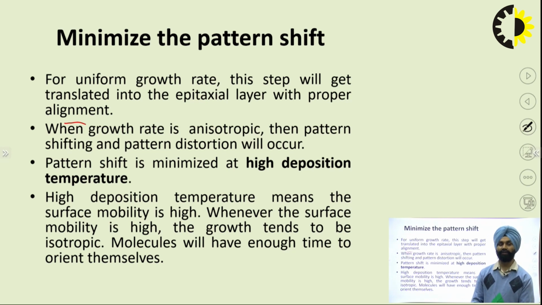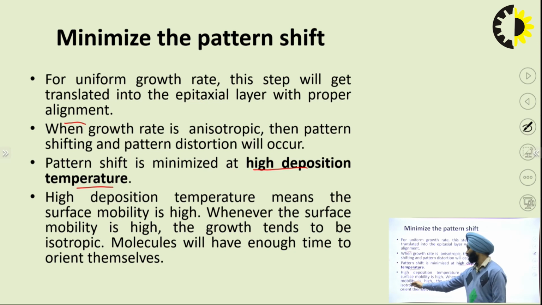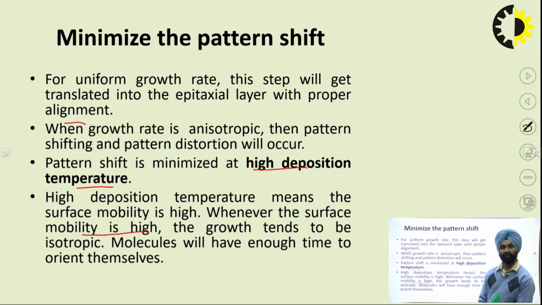So when we are depositing, we should maintain high deposition temperature. With the high deposition temperature, the surface mobility of the ions will be high. So whenever the surface mobility is high, the growth rate will be isotropic.